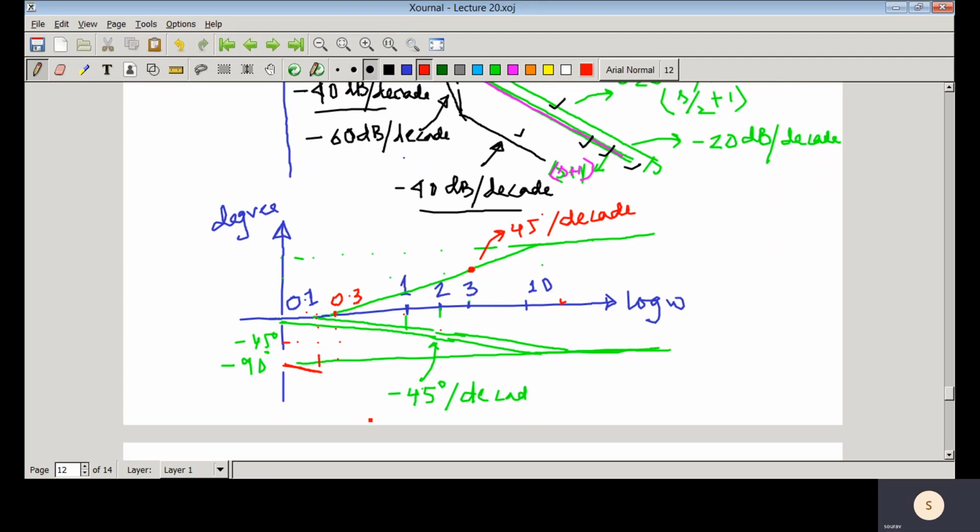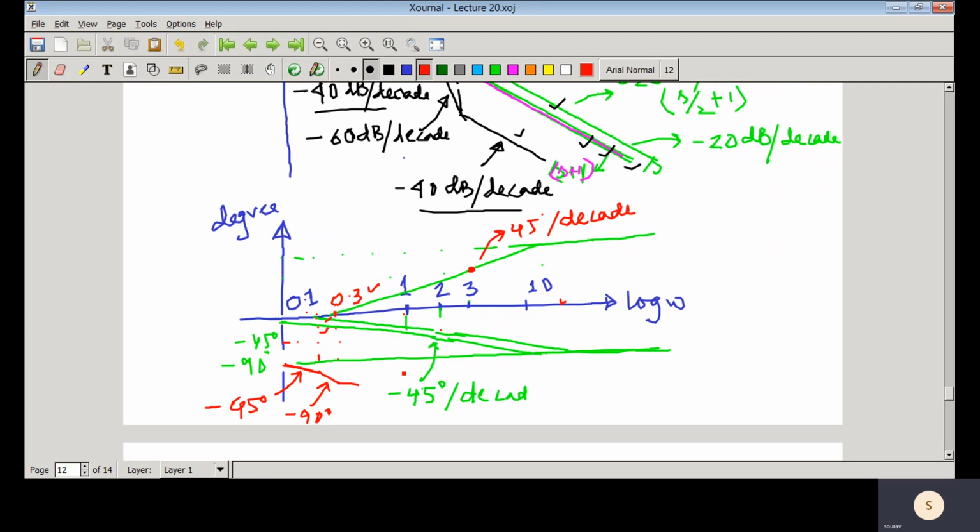So then 0.2 to 0.3, the slope is actually minus 90 degree. So here the slope is minus 45 degree, and here the slope is minus 90 degree, because you can see here this is one slope and there is another slope. And then after 0.3 there is a positive slope plus 45 degree.